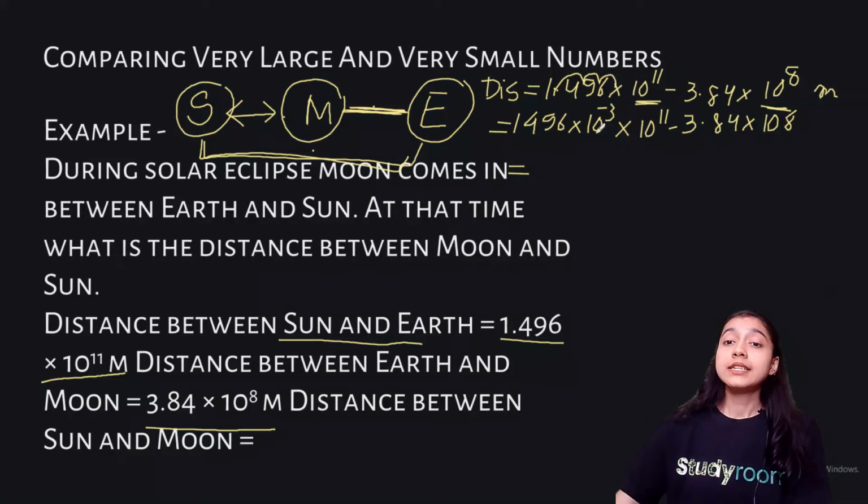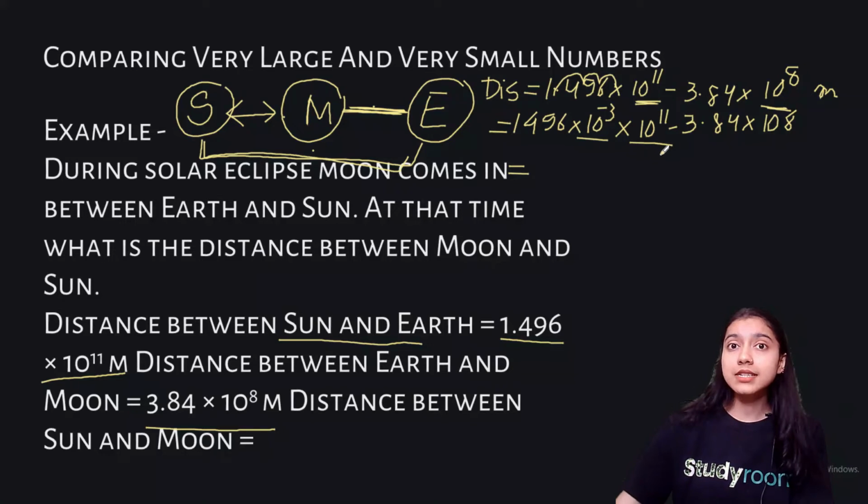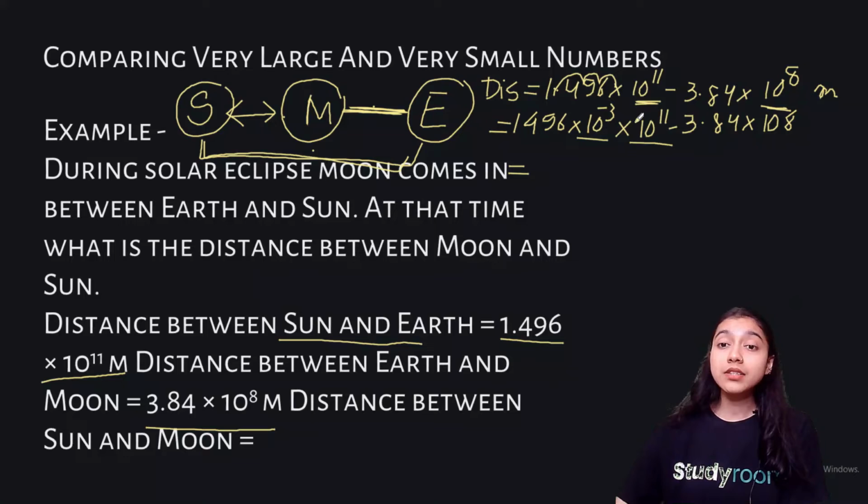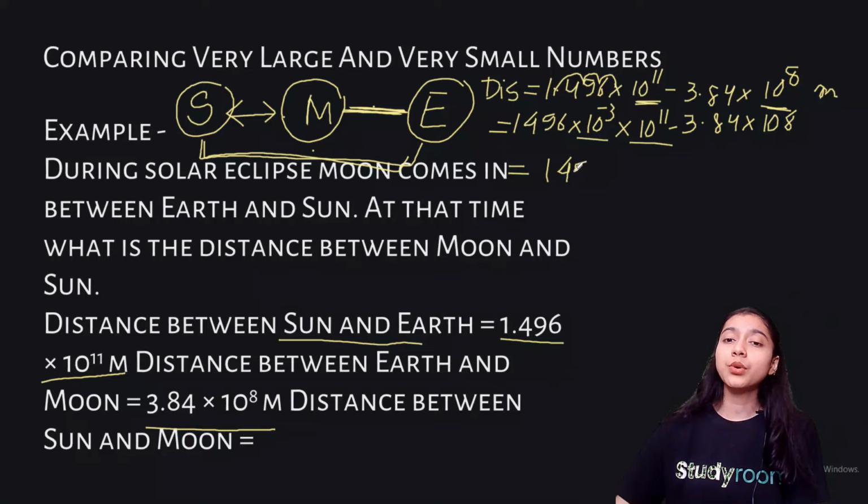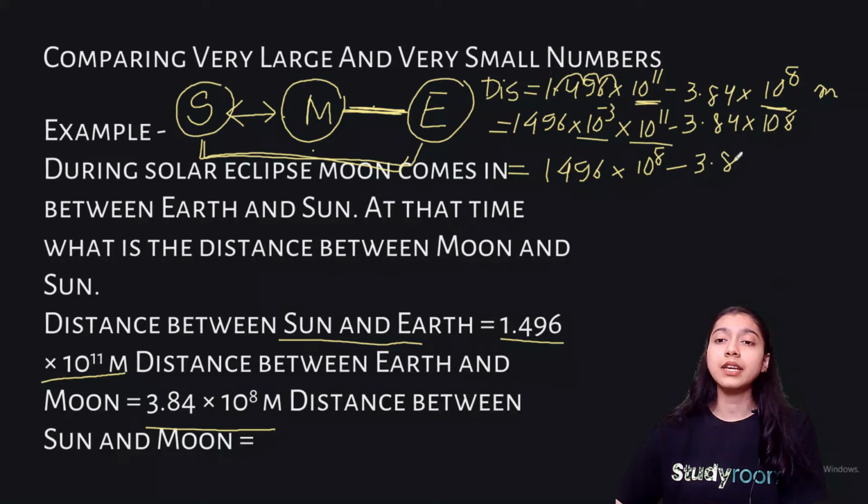Now, 10 to the power minus 3 and 10 to the power 11 give us 10 to the power 8, because when bases are same, the powers will be added. Minus 3 plus 11 gives us 8. So we are left with 1496 multiplied with 10 to the power of 8 minus 3.84 multiplied with 10 to the power 8.